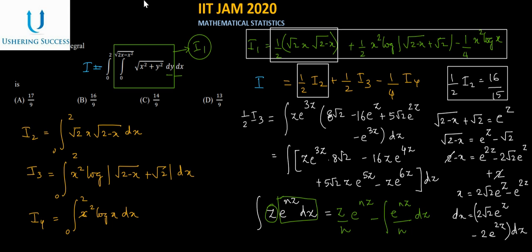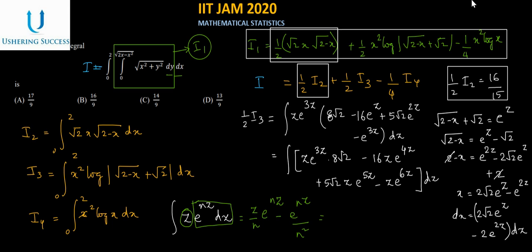So that is nothing but z by n e to the power nz minus e to the power nz by n square, or this can be further simplified to e to the power nz by n into z minus 1 by n.